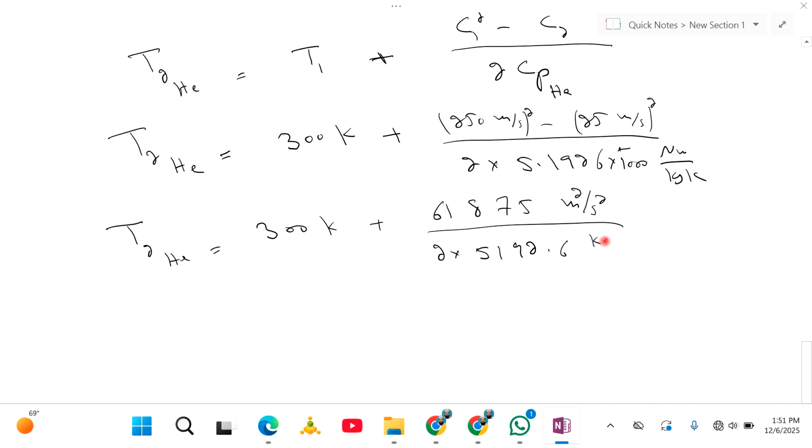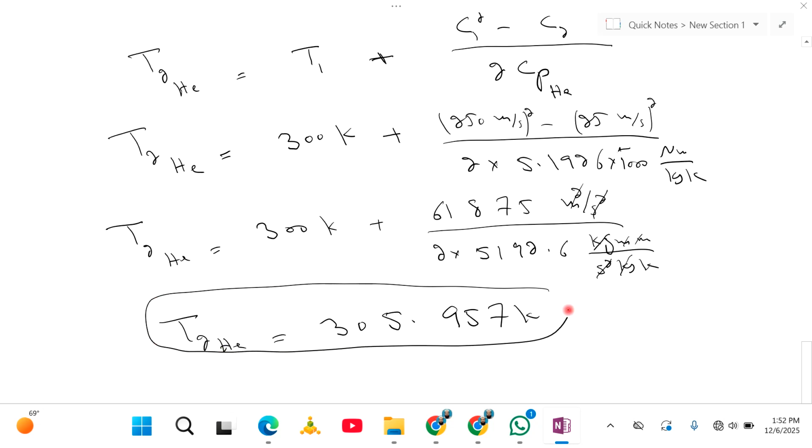Newton is equal to kilogram meter per second square, so kilogram cancels with kilogram, meter square with meter square, second square with second square. So per Kelvin becomes Kelvin. So 300 Kelvin plus this gives 305.957 Kelvin. This is the exit temperature for helium.